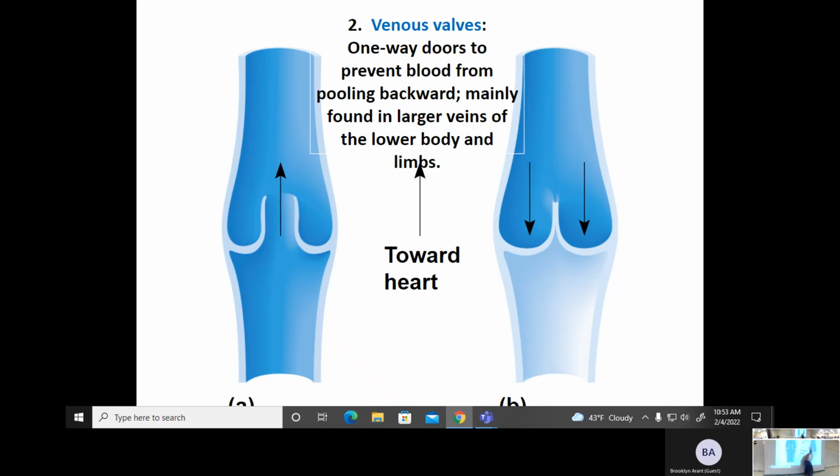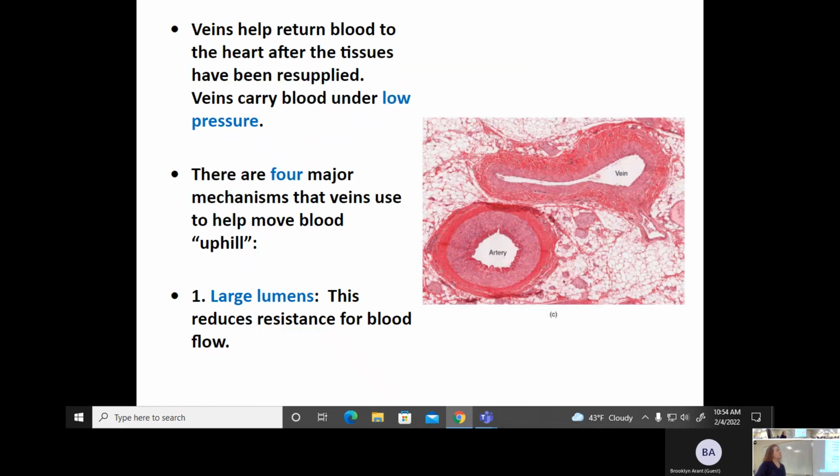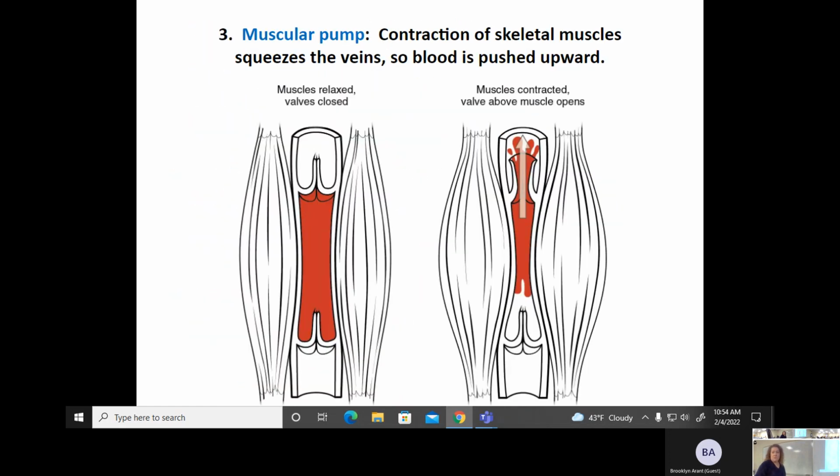So they help blood move one direction through your venous valves. So you would have valves basically from here down in the big veins, and then your arm veins have some valves as well. Oops, wrong way.